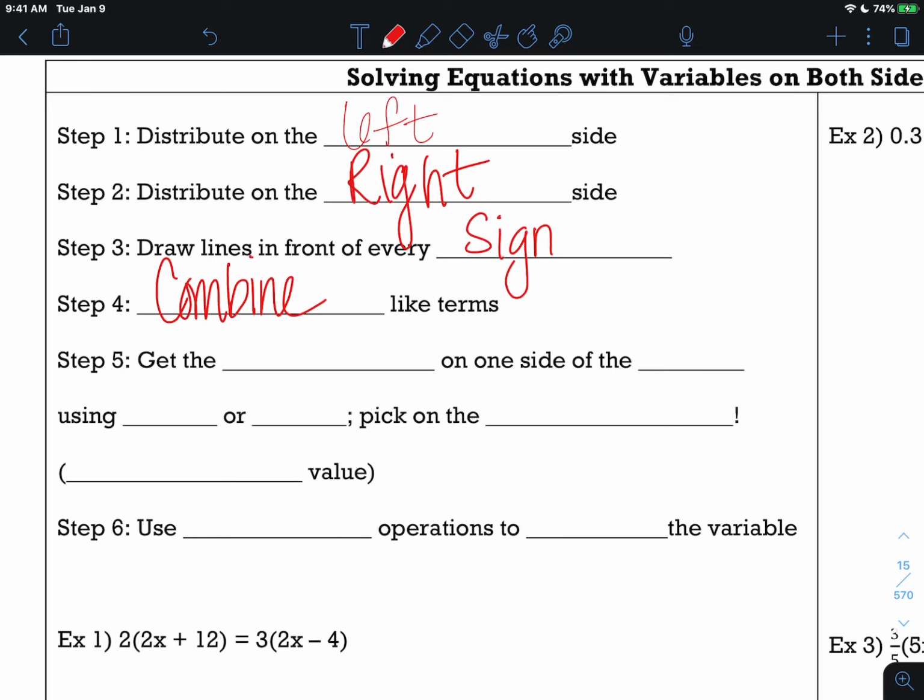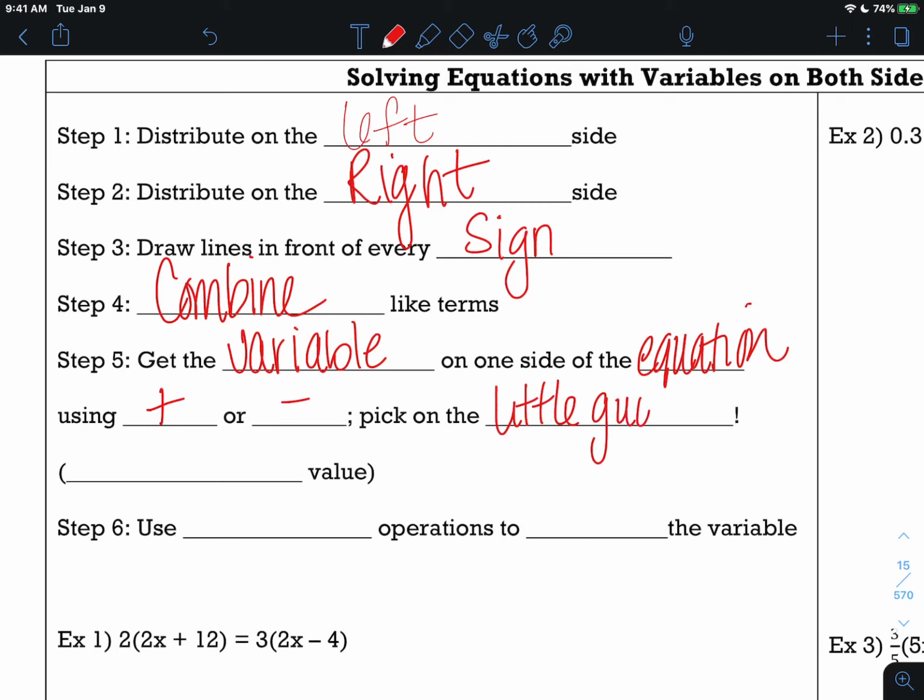And get the variable, whatever that might be, x, y, z, a, b, c, on one side of the equation using addition or subtraction, and we always pick on the little guy. What does that mean? We always move whoever's smaller.